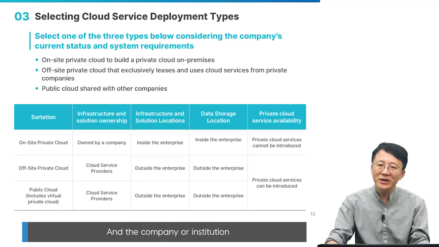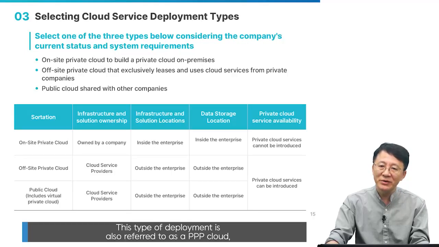And the company or institution owns, manages, and operates the infrastructure directly. Second, an off-site private cloud is a deployment type where cloud service infrastructure and solutions are leased from private providers on an exclusive basis.